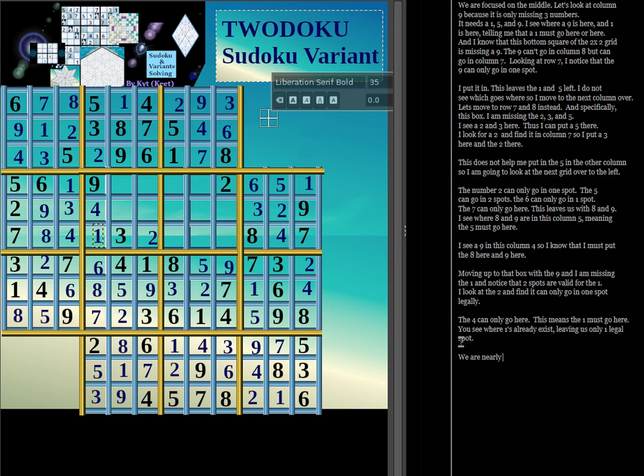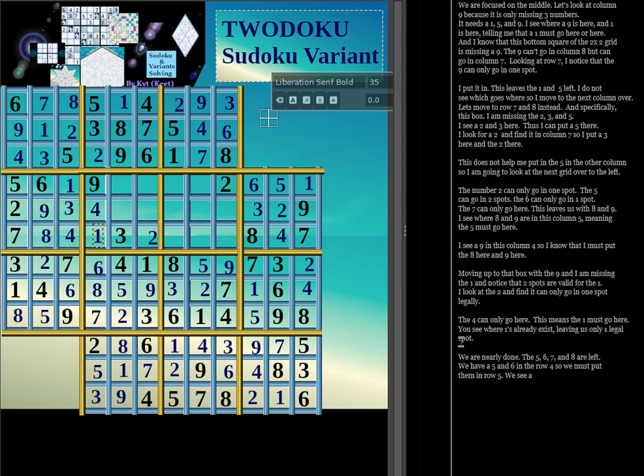We are nearly done. The 5, 6, 7, and 8 are left. We have a 5 and 6 in row 4, so we must put them in row 5.